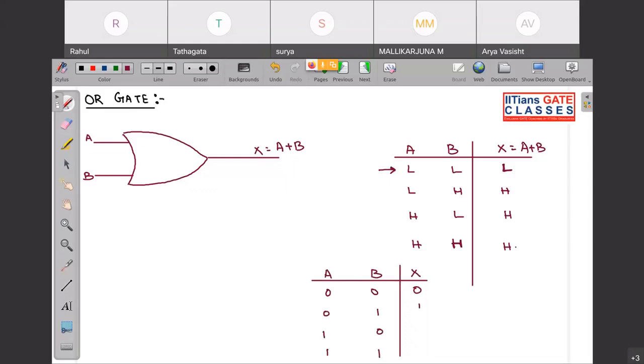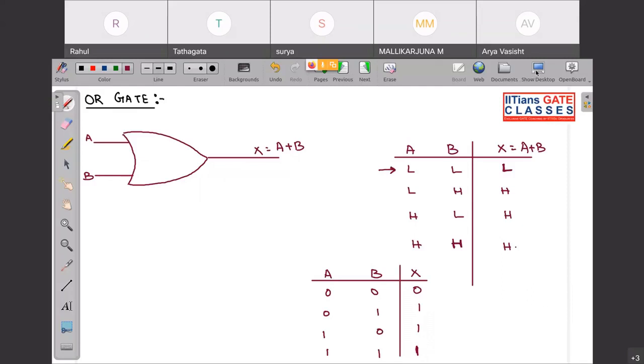So this will be 0, 1, 1, 1. Later on I am going to tell you, this is Boolean logic, and in Boolean addition, 1 plus 1 would be 0 and carry 1. We will study this later. At the moment you should know that in a Boolean expression, 1 or 1 is always 1.